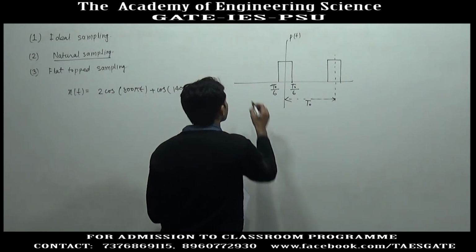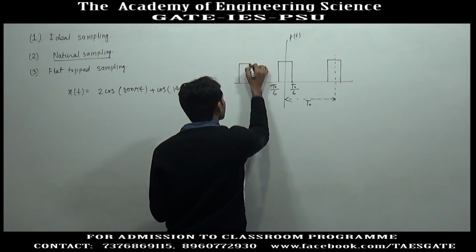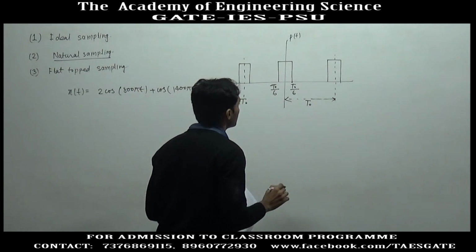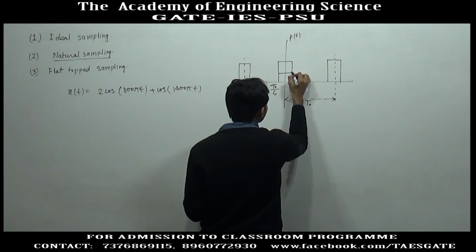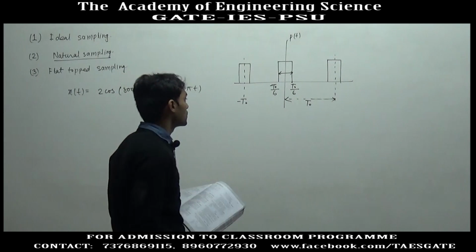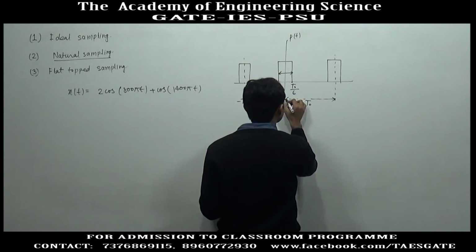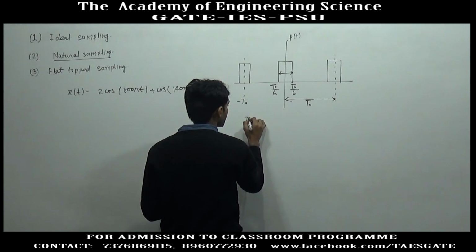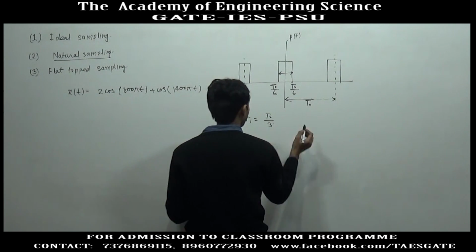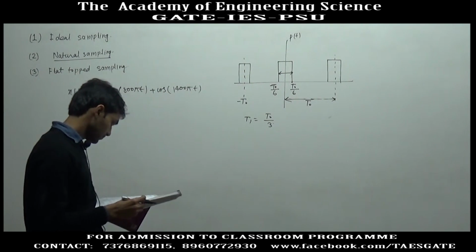The rectangular pulse is periodic, its time period is T naught, and the pulse width is T naught by 3. So the pulse width is 1/3 of its time period, that is, T1 is equal to T naught by 3.